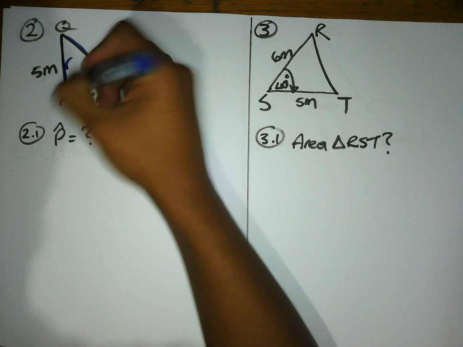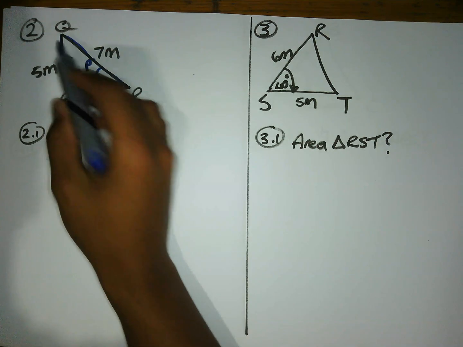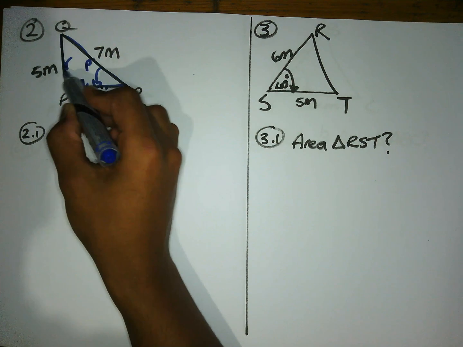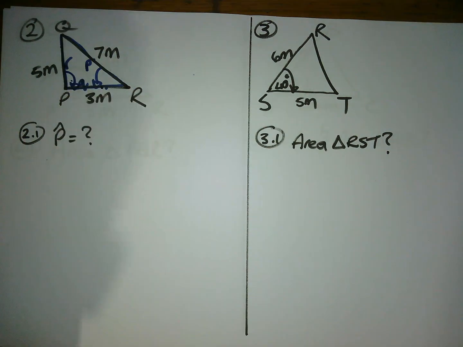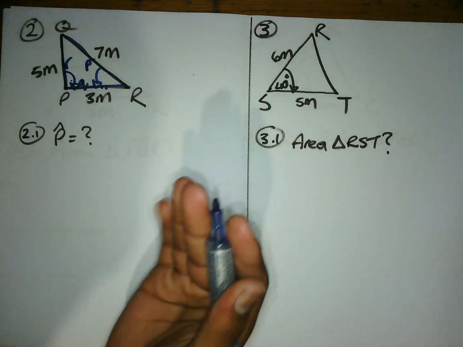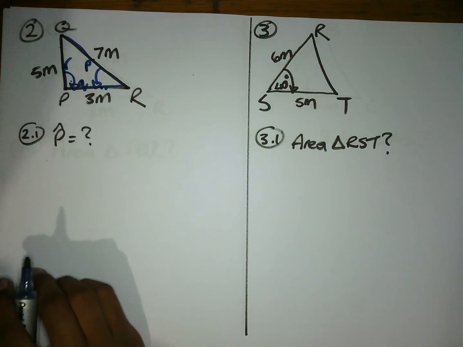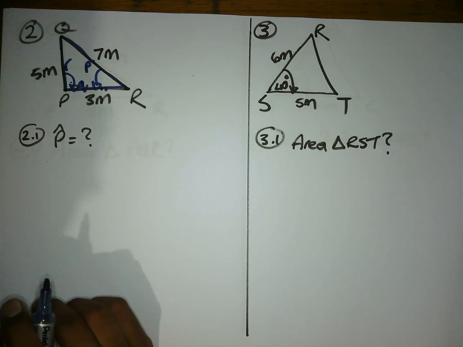For angle P, it's the exact same thing. Angle P, I need a side, angle, side. I have the two sides, so I just need the angle. But you can even practice by yourself to get the other angles using the cosine rule. It's just extra practice for yourself. So what do we do for angle P?